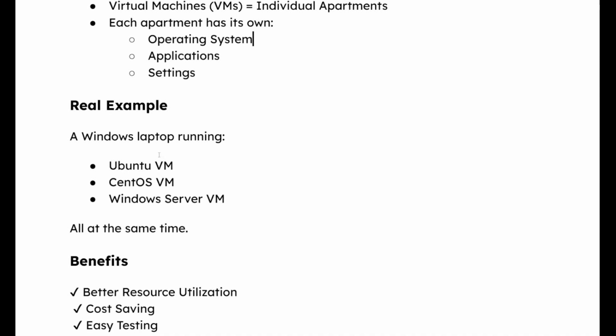So if we take a real example, a Windows laptop running an Ubuntu virtual machine, a CentOS virtual machine, and Windows Server all at the same time is called virtualization, right? And what is the benefit of that?